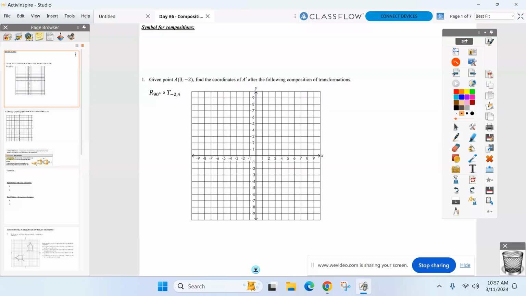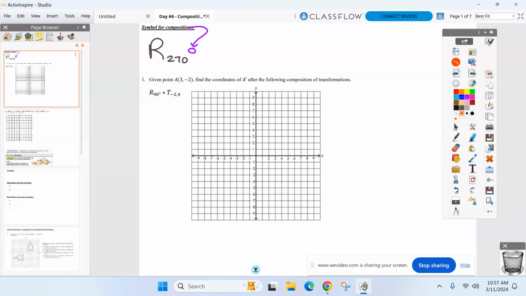So let me give you an example here. I've got a rotation, I'll say 270. Okay, rotation 270. And then you will see the composition symbol, which looks like a degree symbol, but it's plopped right in the middle. All right, so that is your composition symbol.